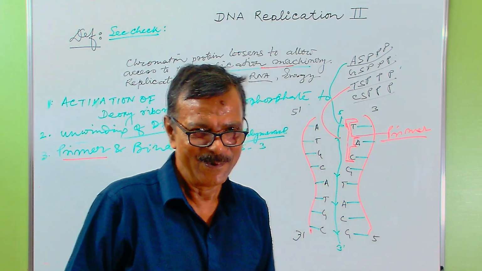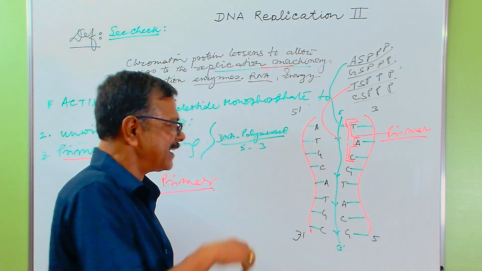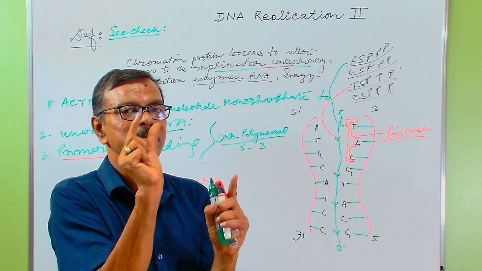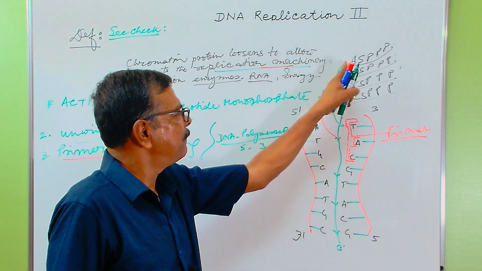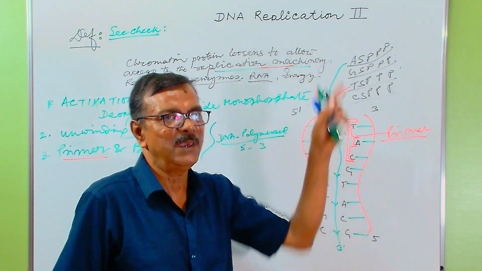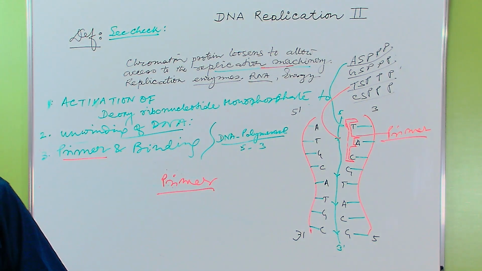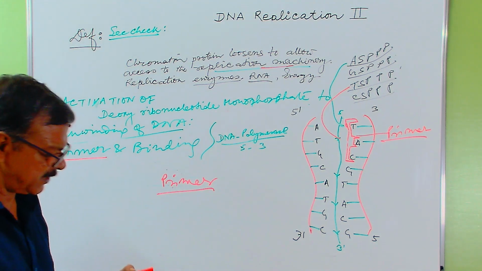Mind it. In earlier cases, whatever DNA was there had only one P. Now here I am bringing one that has 3 P. Is it not? So it will come, and this is known as elongation.